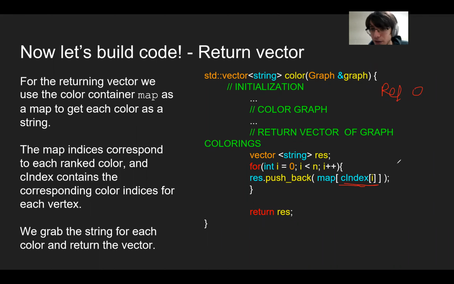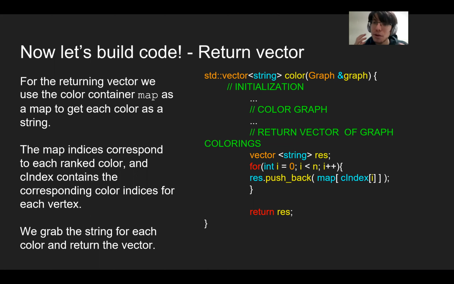And C index is going to give us that. It's going to give us 0 because maybe we colored the 0th node red, and then map is going to map 0 to red, and so it's going to give us the string red, and then we're going to be able to push back red into our vector. So that's what this is doing. Okay. And then we grab the string for each of them and return the vector.